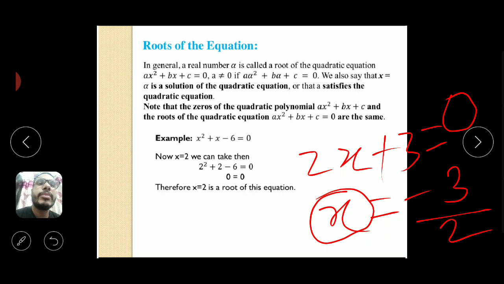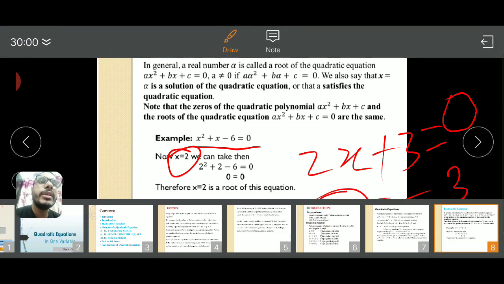If you look at the example here, the example is x square plus x minus 6 equals to 0. If you take x equal to 2, then the value becomes 0. That means the value of x from here will be 2.